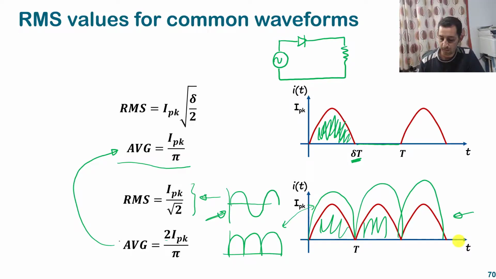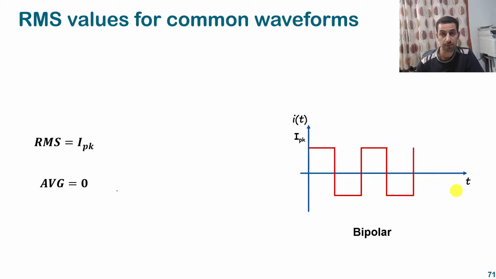Another example is this signal, which is a bipolar signal. It has some portion positive and another one negative. So what do you think about the average? It will be 0 because it is symmetric. It has I peak value here, and the same I peak value in negative will be here as well. So the RMS value is I peak. Do you remember the DC value?